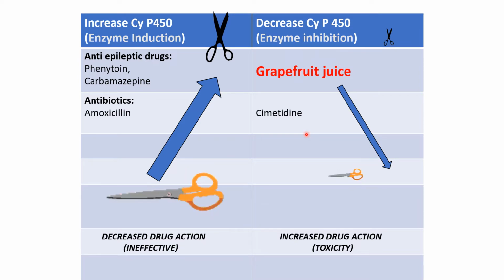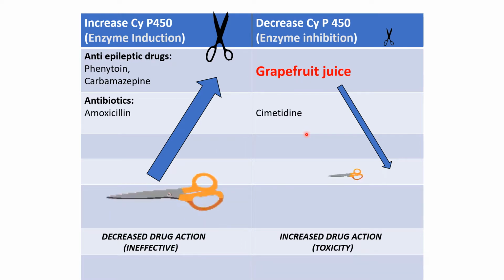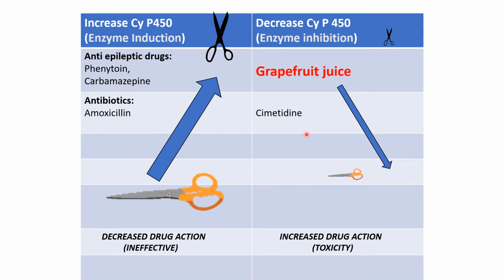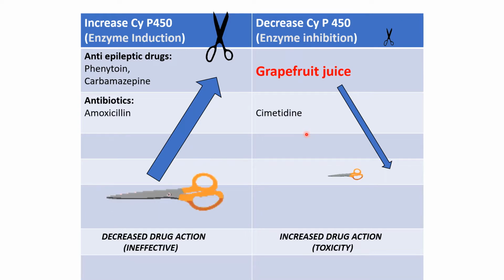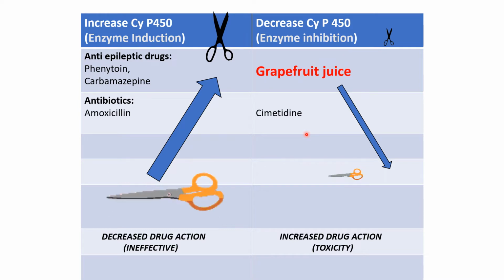And this is what happens, for example, with the calcium channel blockers like amlodipine, nifedipine, verapamil, and diltiazem, that are medications that decrease blood pressure through vasodilation and slow down the heart rate.